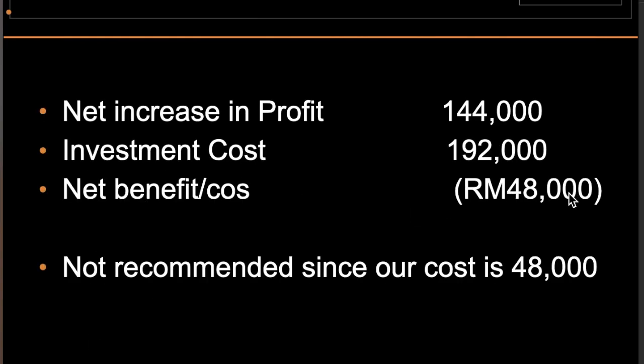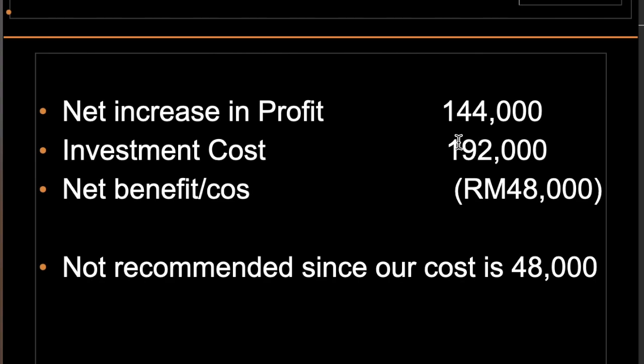Here we brought it 192. So if you minus these two, 144 minus 192, always use the first one minus the second, it will give you negative 48. Negative 48. It's supposed to be a positive amount, but it's giving us negative.